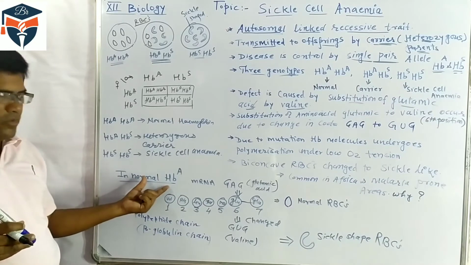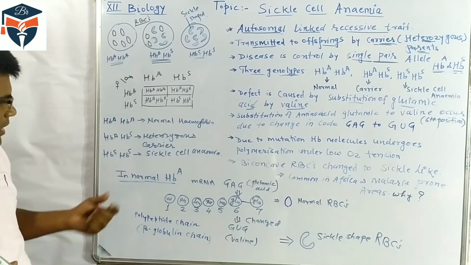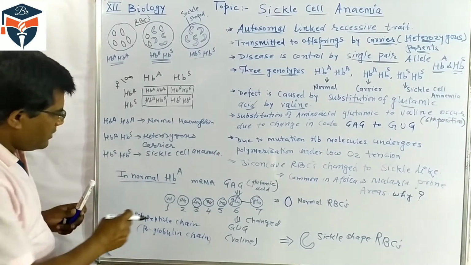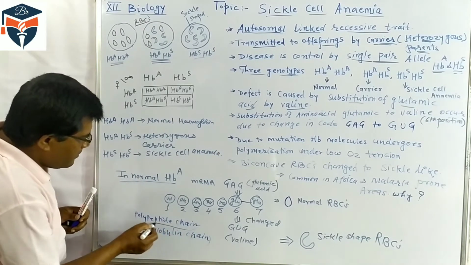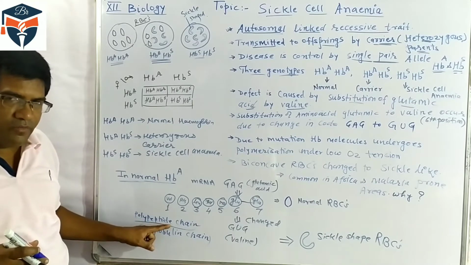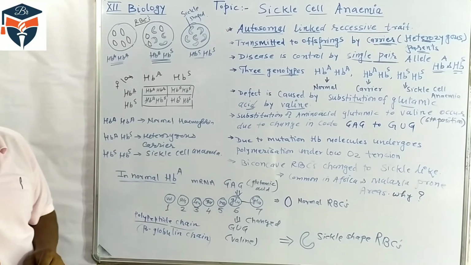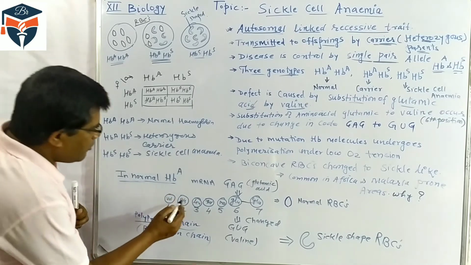Normal hemoglobin is a protein, and it is made up of polypeptide chains. When a polypeptide chain is formed, many amino acids are combined with peptide bonds, forming a long chain.